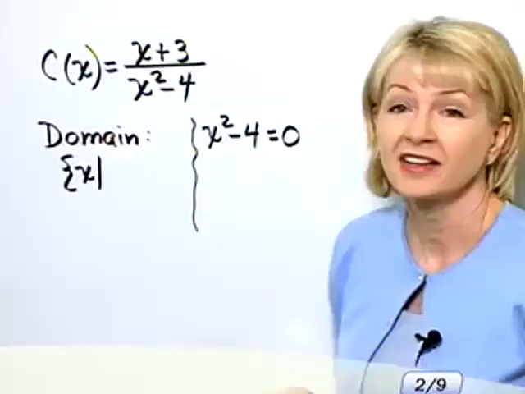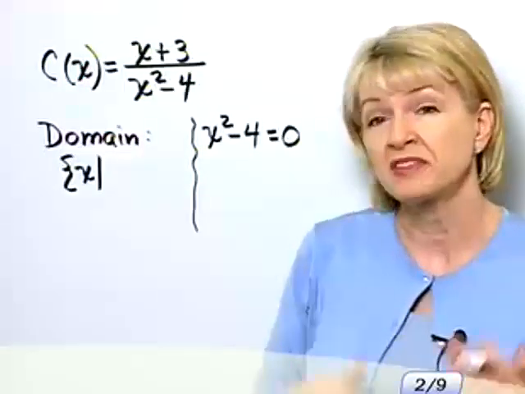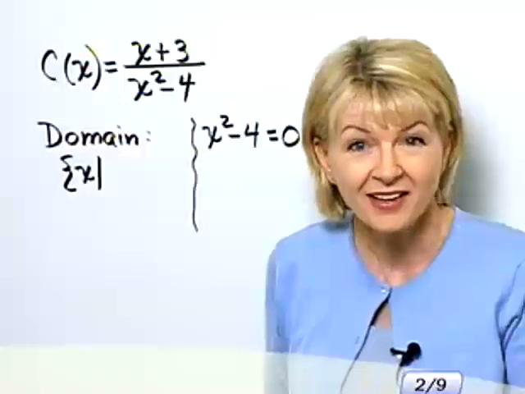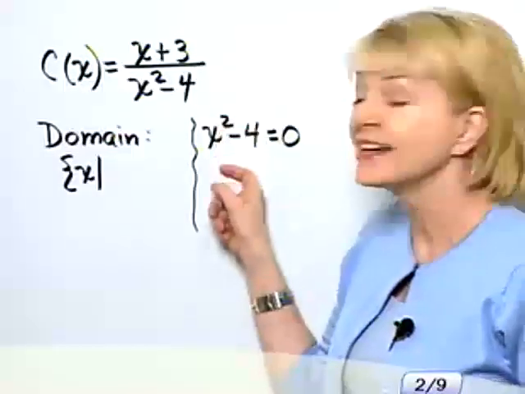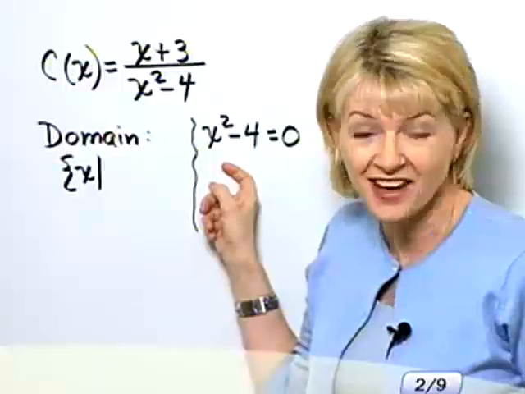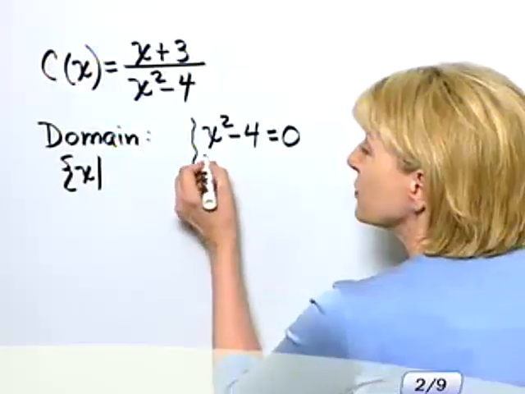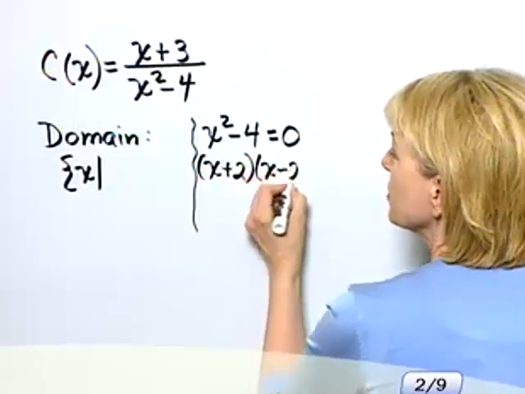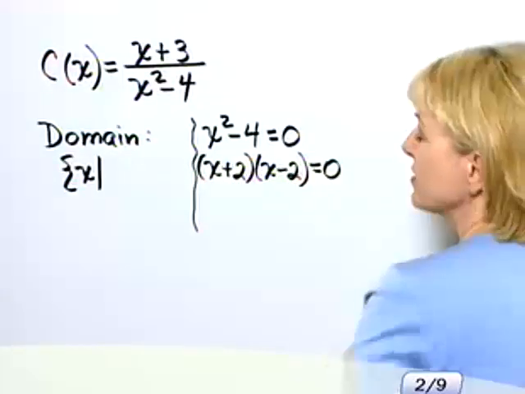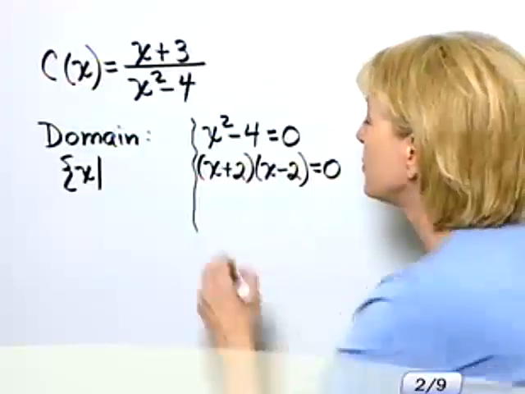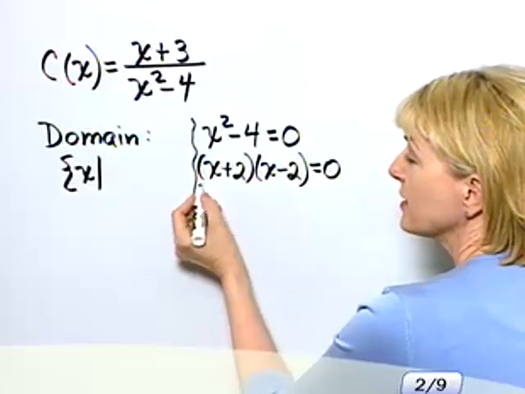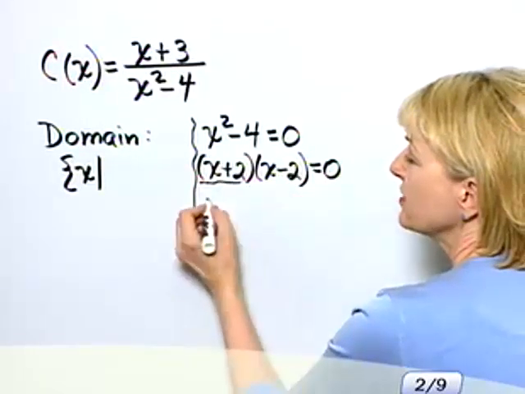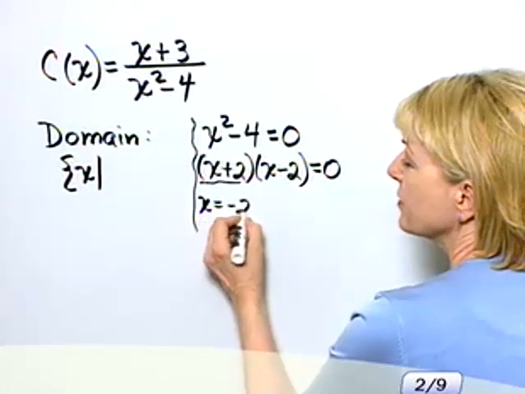How do you solve this equation? It is a quadratic equation, so remember you'd use the zero factor property. You want 0 on one side and a factored polynomial on the other side. This is the difference of two squares, so it factors as x plus 2 times x minus 2, and then if you set each factor equal to 0, setting this factor equal to 0, x is negative 2.